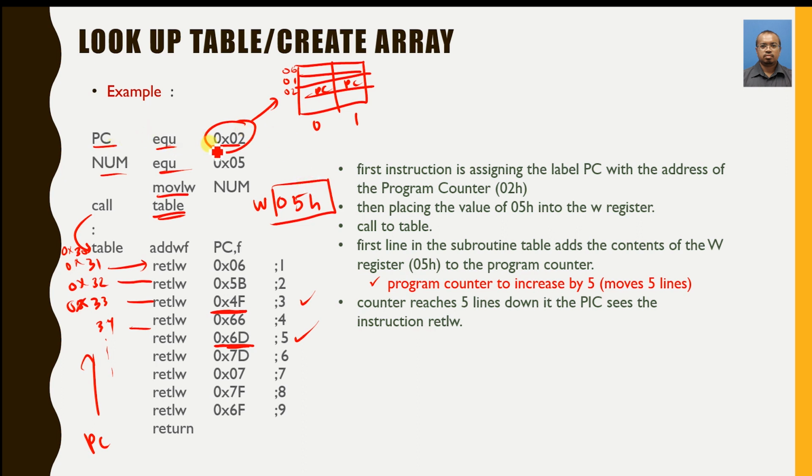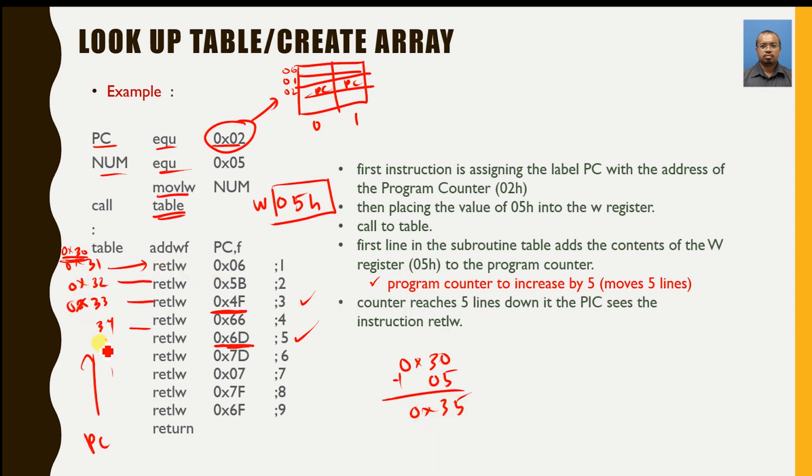So we use this address 02, whose content is the program counter. When we go into this table subroutine, program counter is 30. We want to display number 5, so 0x30 plus 05 becomes 0x35.